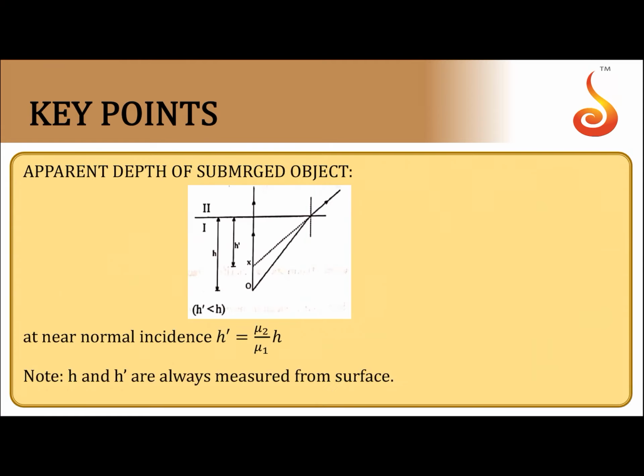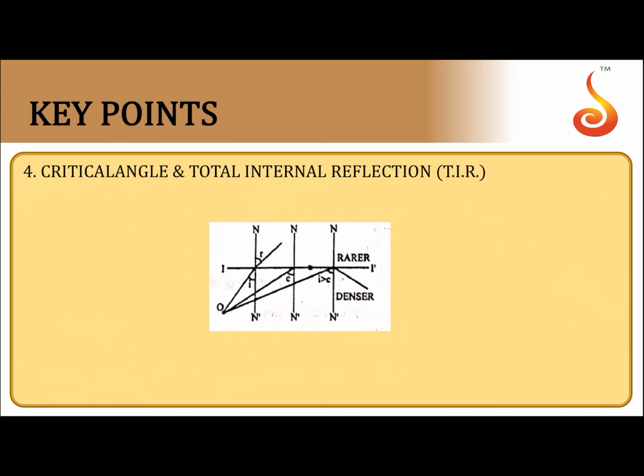And deviation is I minus R. Apparent depth is given by real depth by mu relative. This interpretation of mu relative will solve all our problems.